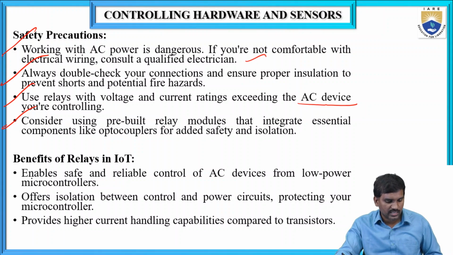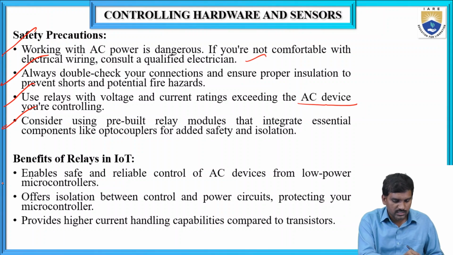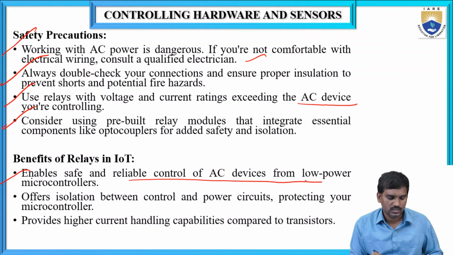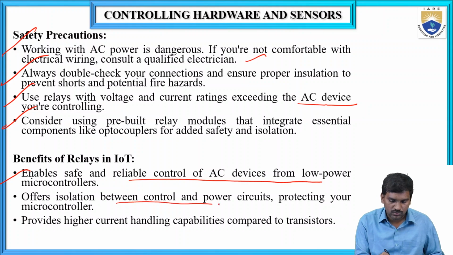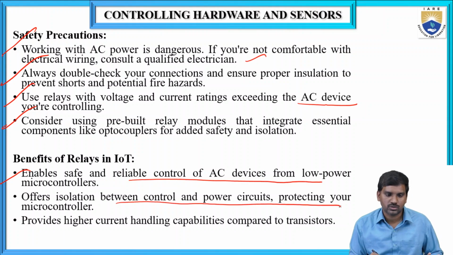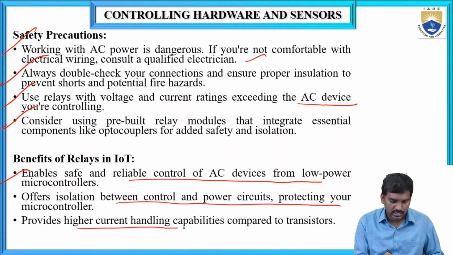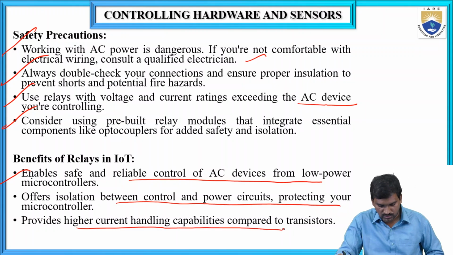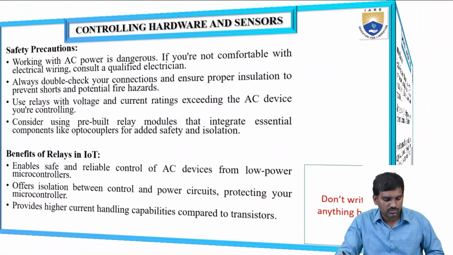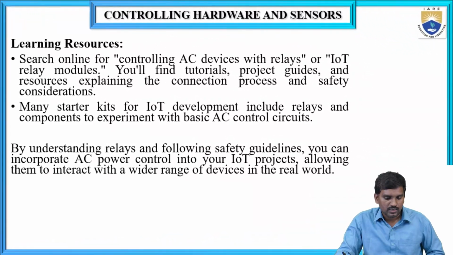So the benefits of relays in IoT: they enable safe, reliable control of AC devices from low power microcontrollers, offer isolation between control and power circuits, protecting your microcontroller, and provide high current handling capabilities compared to transistors. These are the benefits of relays in IoT.